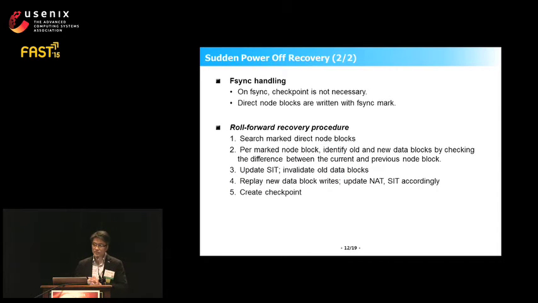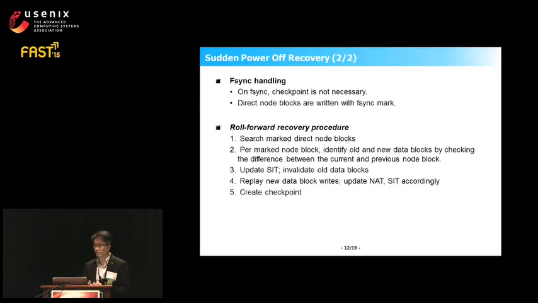To reduce the Fsync overhead, we use a different mechanism rather than checkpoint, because checkpoint is very costly. So we don't do a checkpoint on Fsync. Rather, we update direct node blocks and data blocks, and the direct node blocks will be written with the Fsync mark.